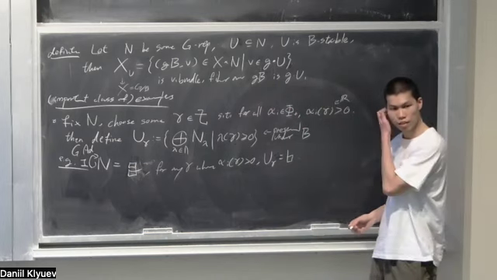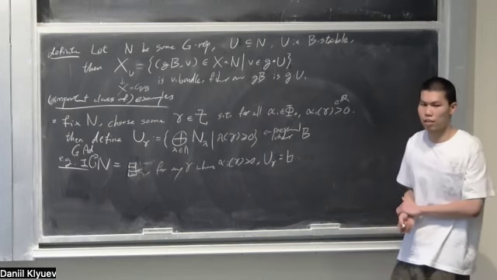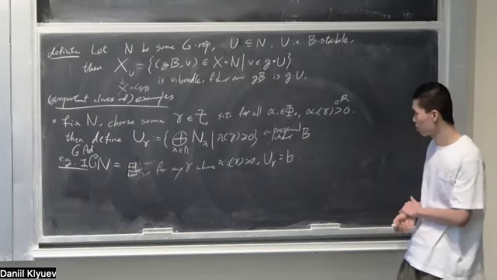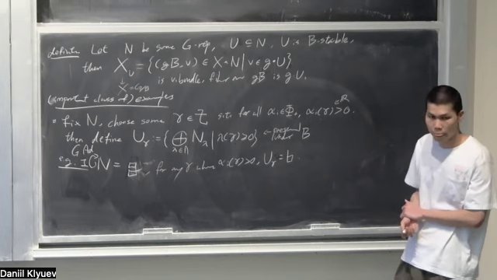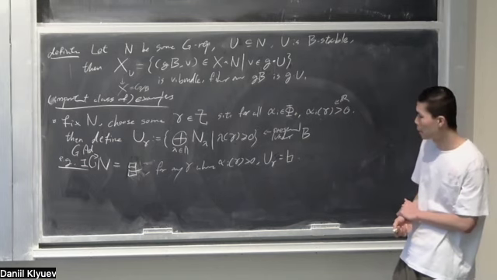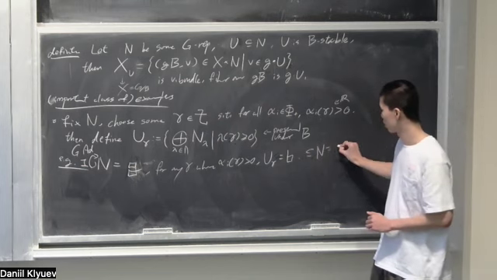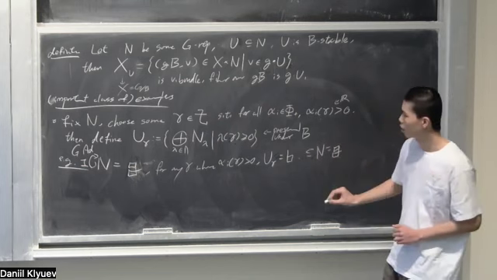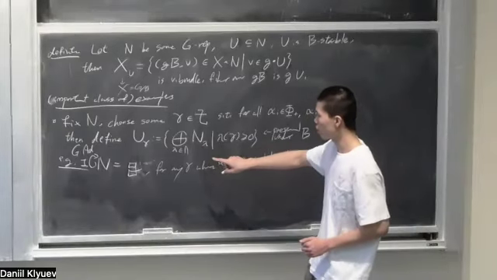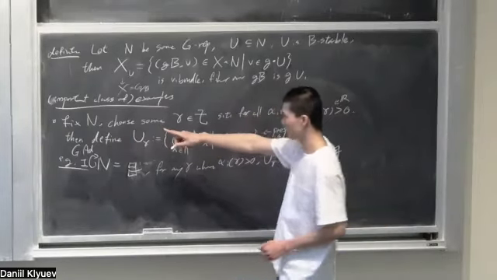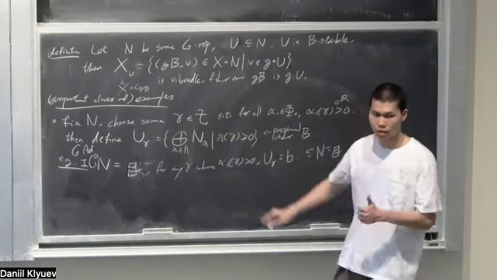Good. If I decompose this into weight spaces, U gamma is lambda of gamma and it's still under here.